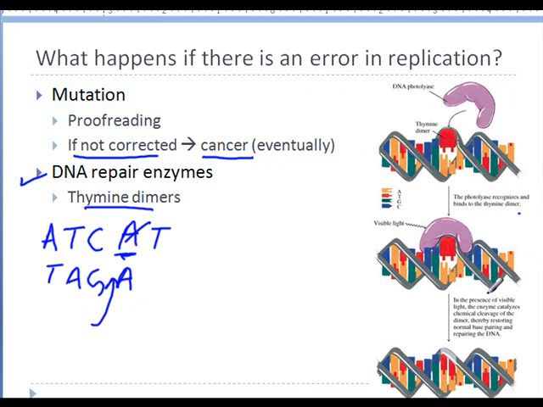And in the presence of visible light, the enzyme catalyzes the chemical cleavage of the dimer, therefore restoring the normal base pairing and repairing the DNA. A thymine dimer means that if you have thymine on one strand and also on another one, they bind up to give a new kind of bond. So just an example you may want to remember is a thymine dimer.